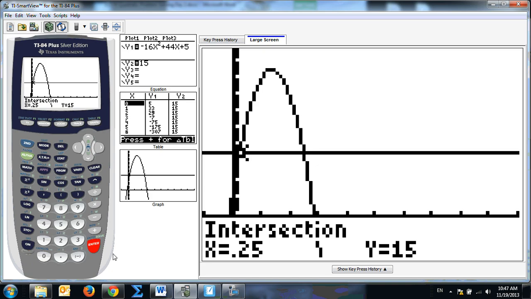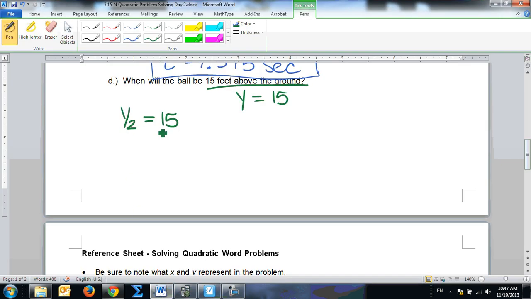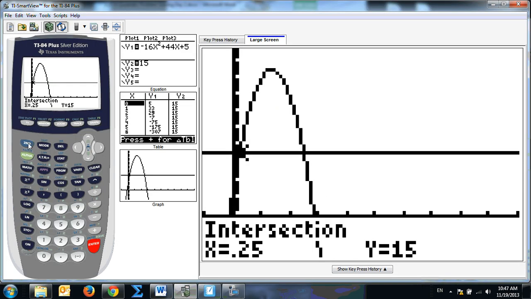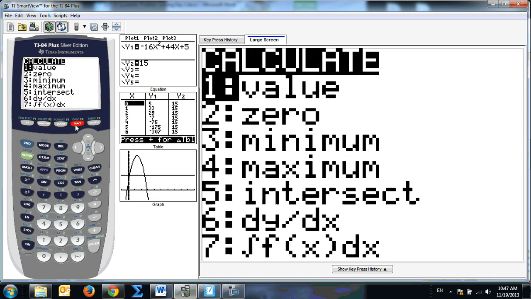All right, so the first time that this happens is where? At 0.25 seconds. All right. So those of you that were a little confused, watch as we do this again, because now we start the process over. I do second, calc.